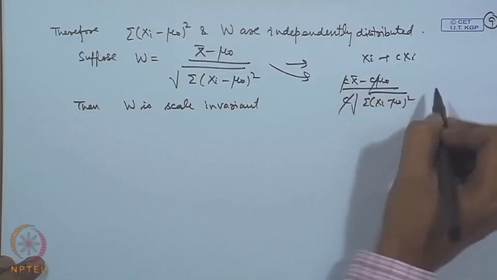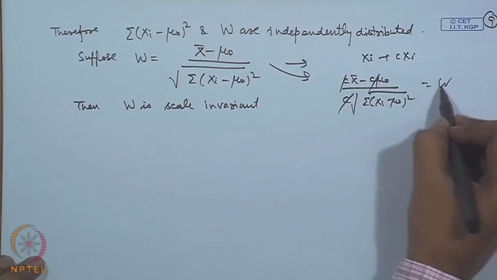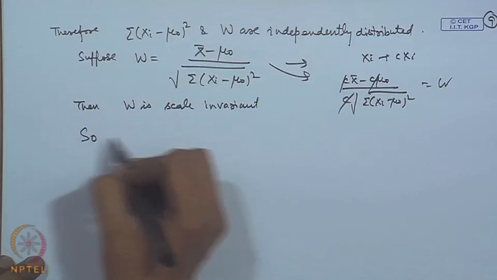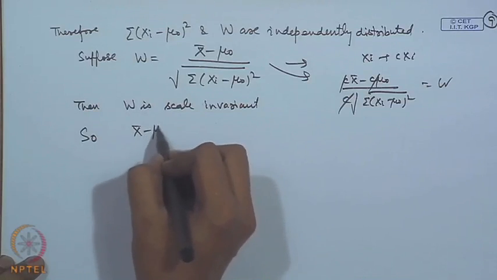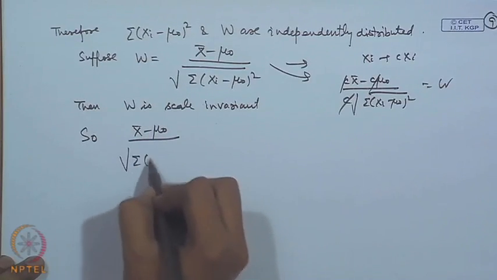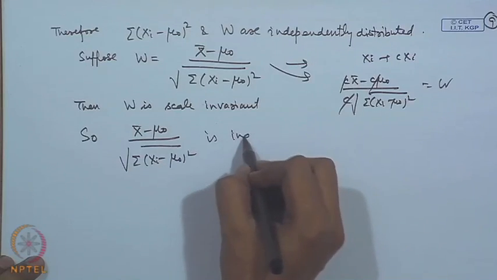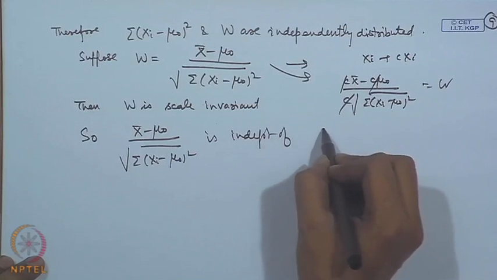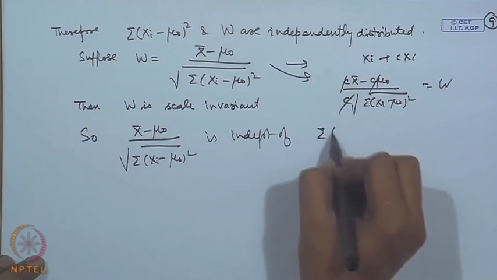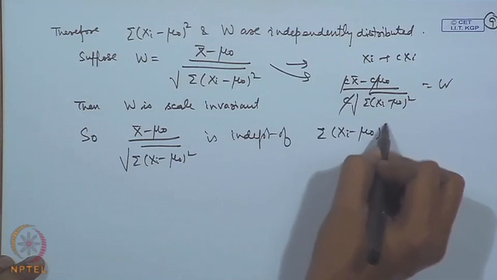So, this gets cancelled out. So, that is equal to w. So, this is scale invariant. So, x bar minus mu naught divided by square root of sigma x I minus mu naught square is independent of sigma x I minus mu naught square.